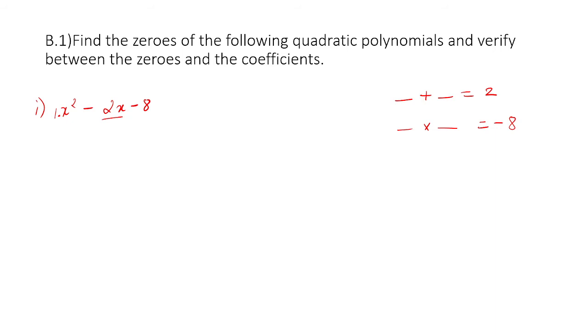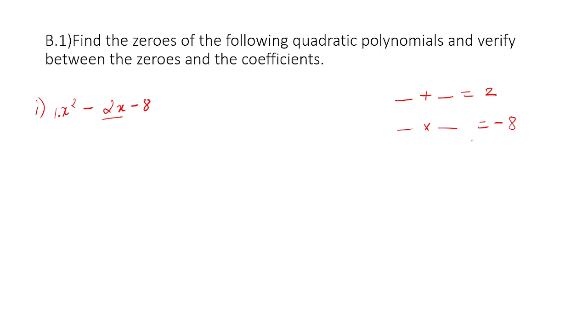Just pay attention to this: for the middle term, whatever sign is before it does not really matter. You should not focus so much on the sign before the middle term, but on the sign of the constant term and the coefficient of x squared. So minus 8 into 1 is going to be minus 8. You should get two such numbers that when you add them, you get minus 2.